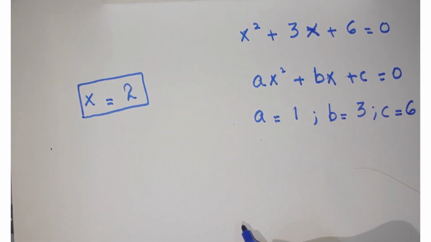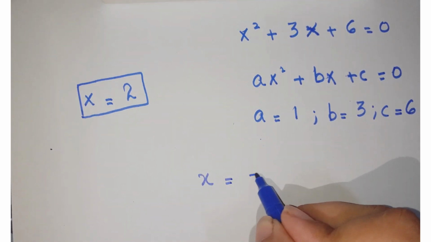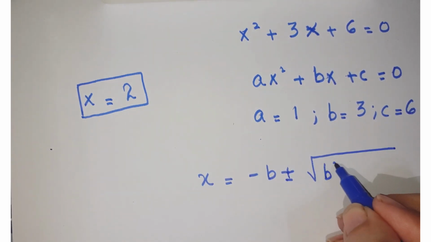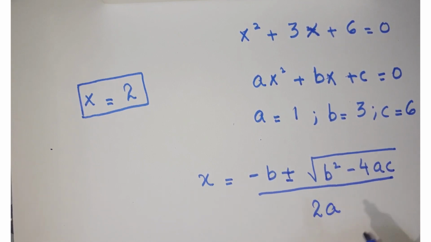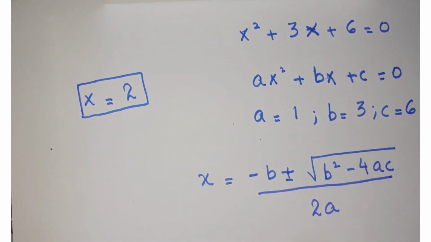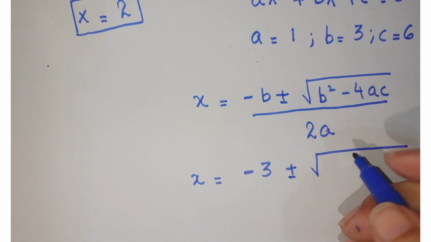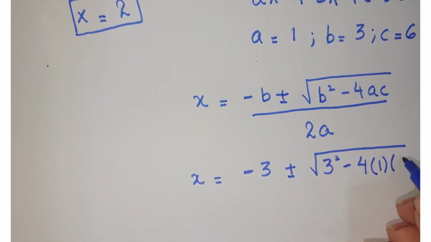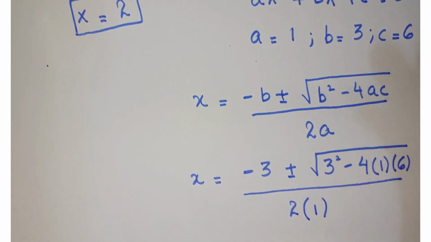Now put these values in the standard quadratic formula, that is x is equal to minus b plus minus under root b square minus 4ac upon 2a. Put the values, you get minus 3 plus minus under root 3 square minus 4 into a into c upon 2 into 1.